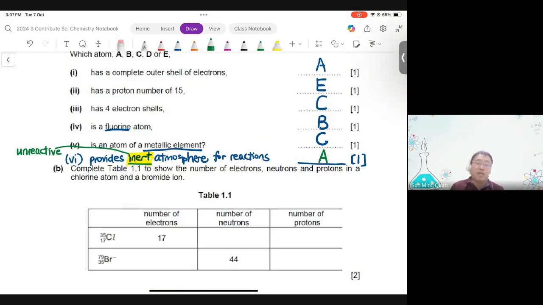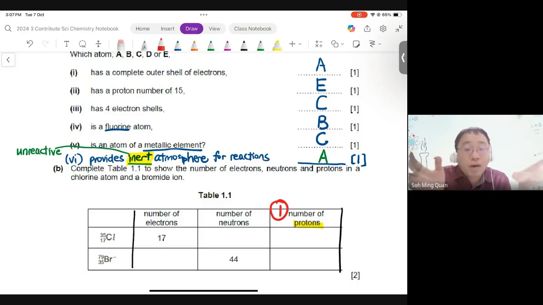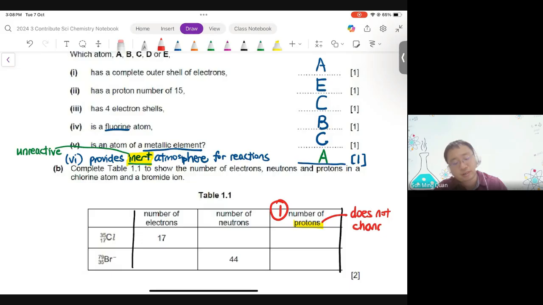Now, part B, if you have done a TYS, you would have seen this a number of times, in different years. They love to test number of protons, electrons, and neutrons. The first thing to know is, it's not in the usual order of proton, electron, neutron. You need to first look, where's the proton? Do the proton number first. I repeat, always do protons first. Why? Because proton number never ever changes.